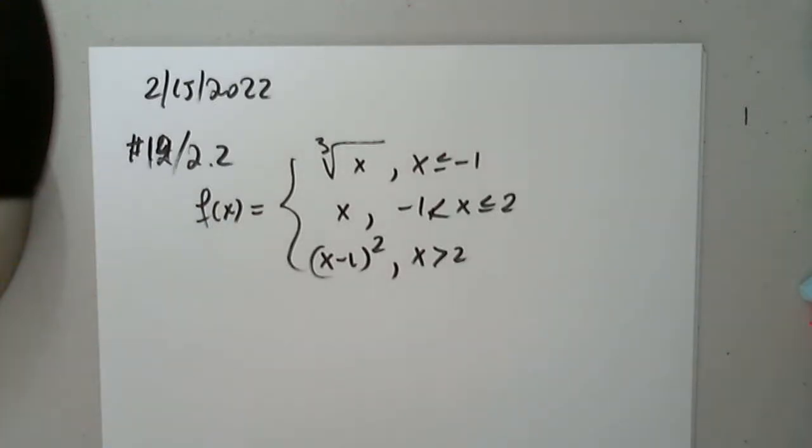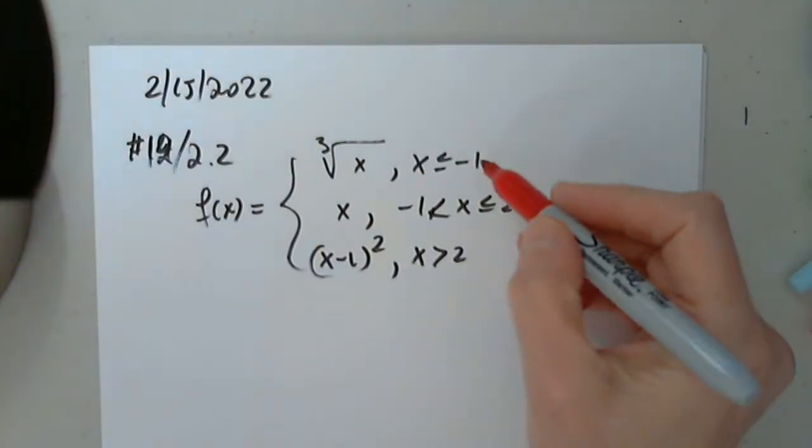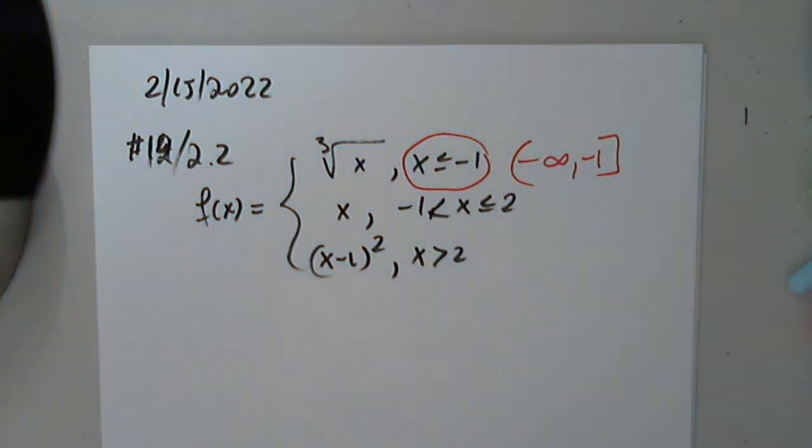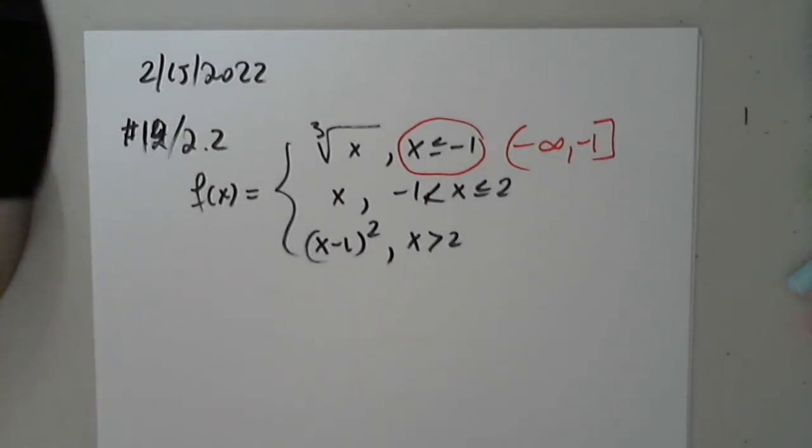When we look at this function, I realize that this is nothing else but negative infinity and -1. Is that okay? So yes? Quick question. Step 2 was making a table of the ordered pairs.